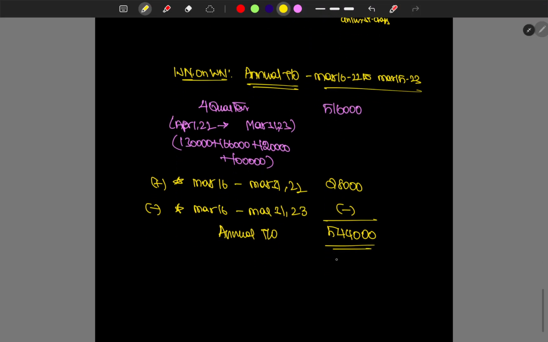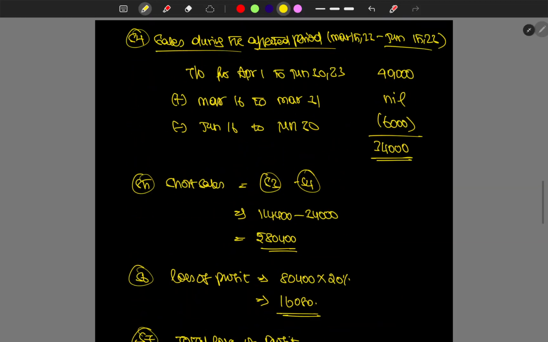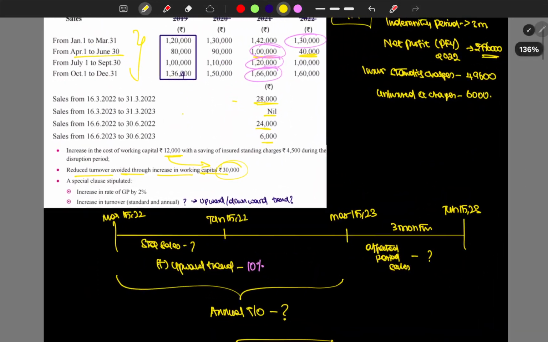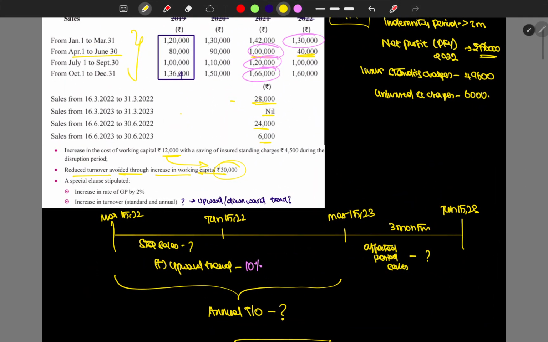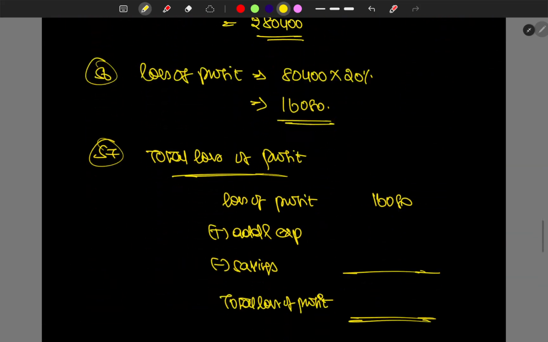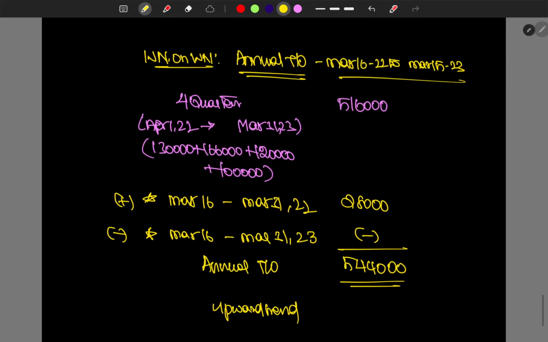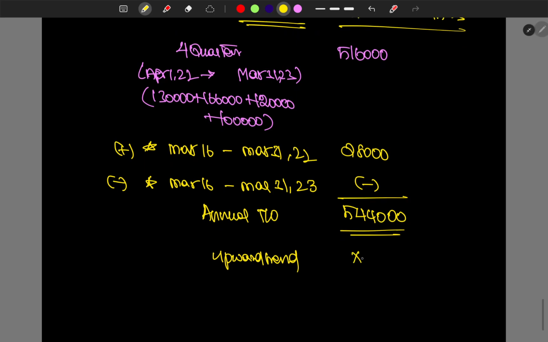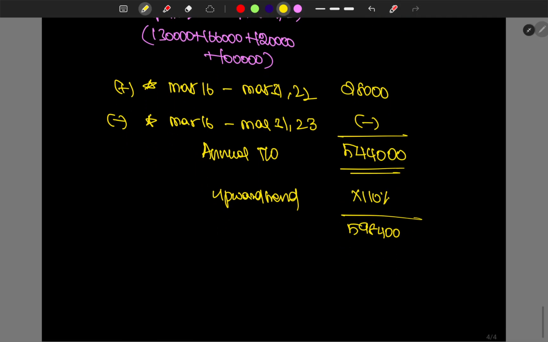Okay, what's the GP on annual turnover? Let's calculate the GP percentage. Before that, we need to do the trend work also. That is upward trend, right? In the question itself, they have clearly said that increase in turnover for standard as well as the annual turnover. We did it for standard, so we are doing it for annual now. 10%, into 110%, which is 5,98,400.